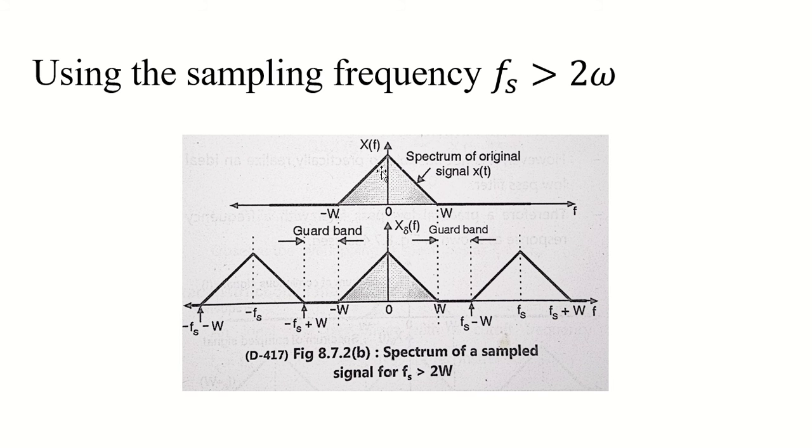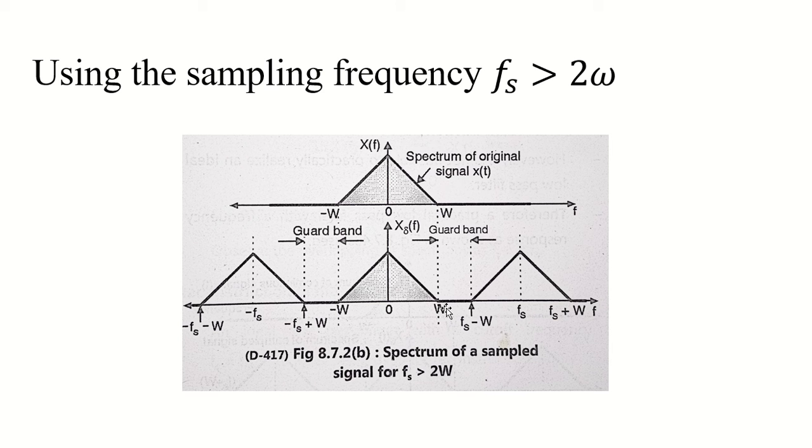As you can see, since I'm taking the frequency too high, there is a guard band. The difference between the two frequencies guards your signal from getting overlapped, so it's called a guard band, and that guard band is used to avoid aliasing. It is created between two adjacent spectrums, and it will prevent aliasing from happening.